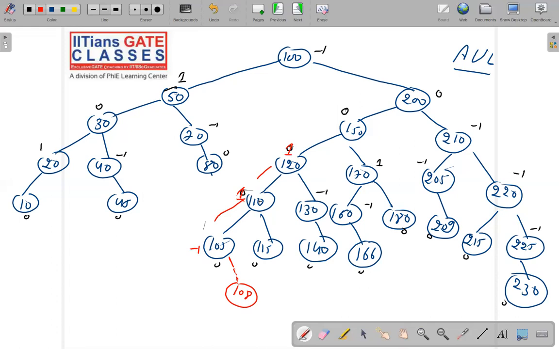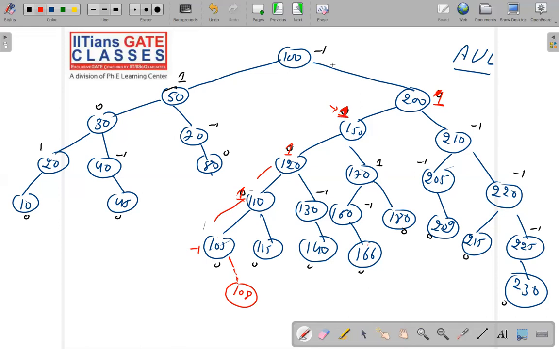Here the balance factor is 1. Here the balance factor will become 1. Here also the balance factor will become 1. Instead of 0, it will become 1.